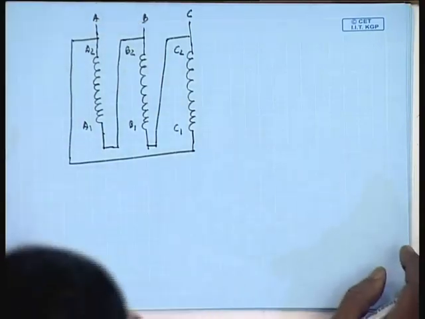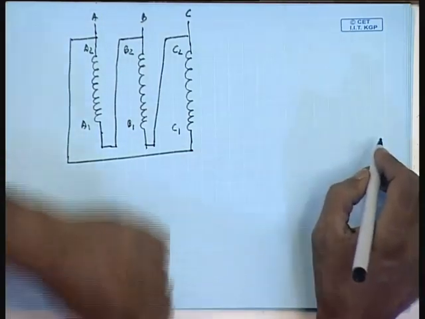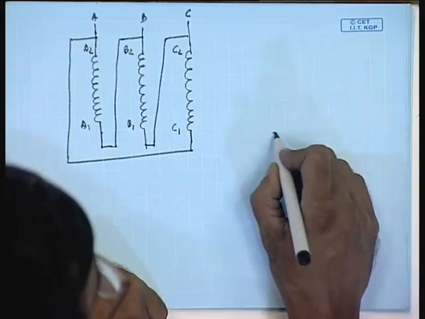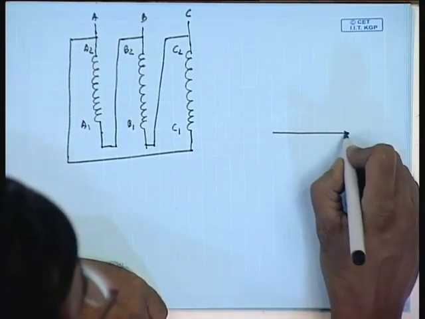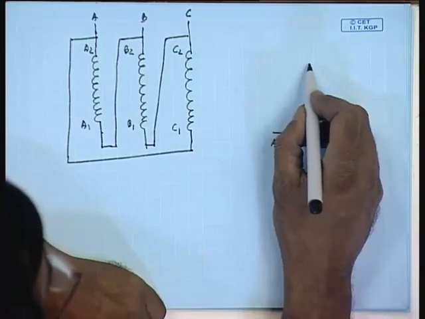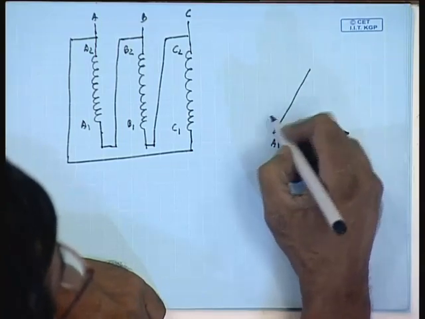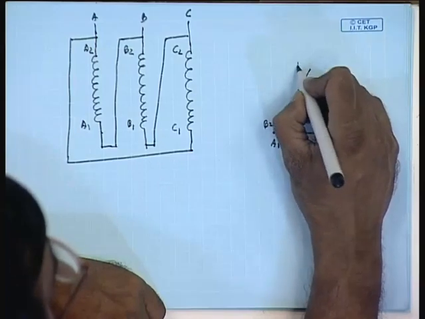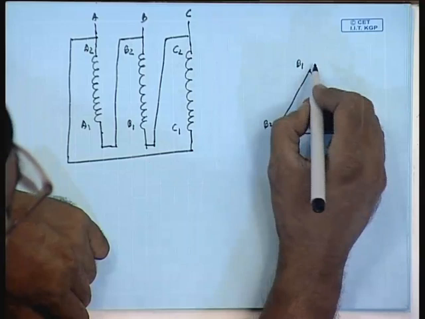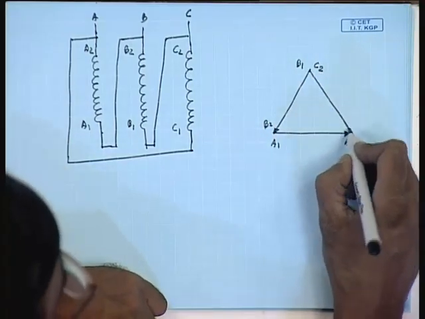The line voltage phasors will be A2, A1, B2, B1, C2, C1.